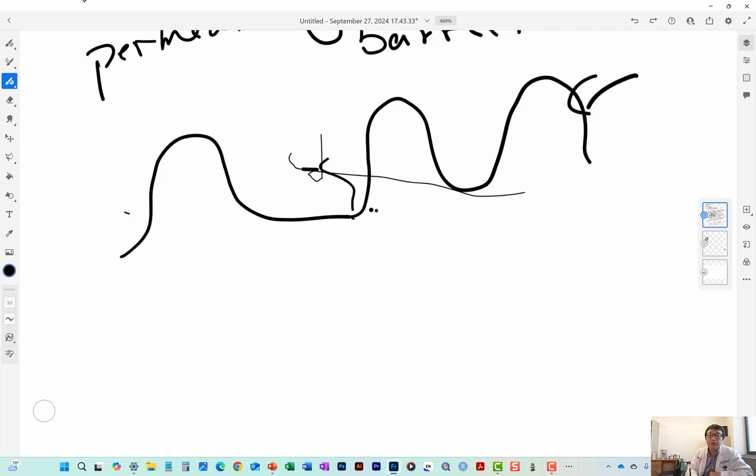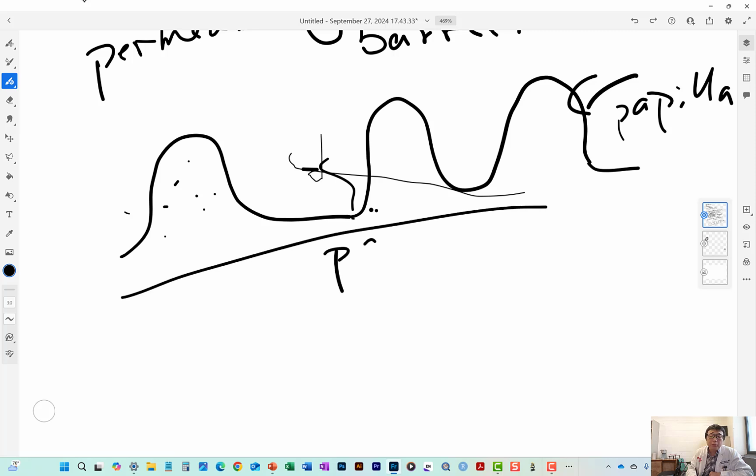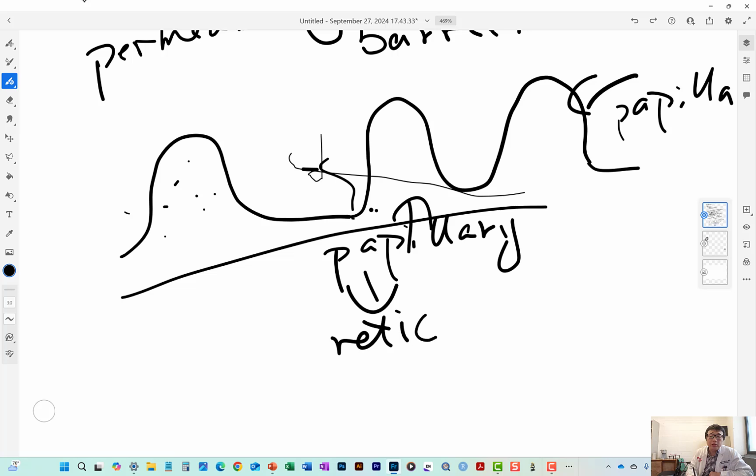In this wave, there are nipple-like structures of the dermis called papilla, or papillae in the plural form. The first layer is more dense. This is called the papillary dermis, and below it is the reticular dermis.